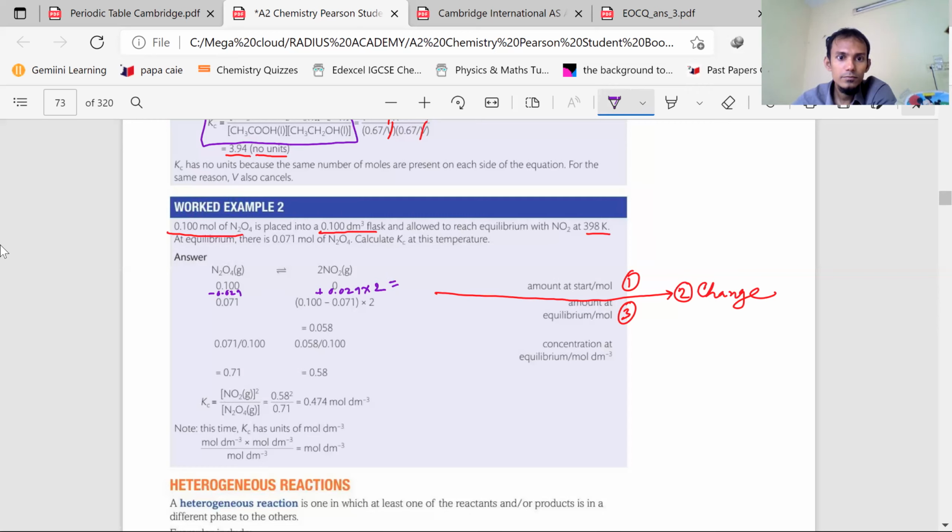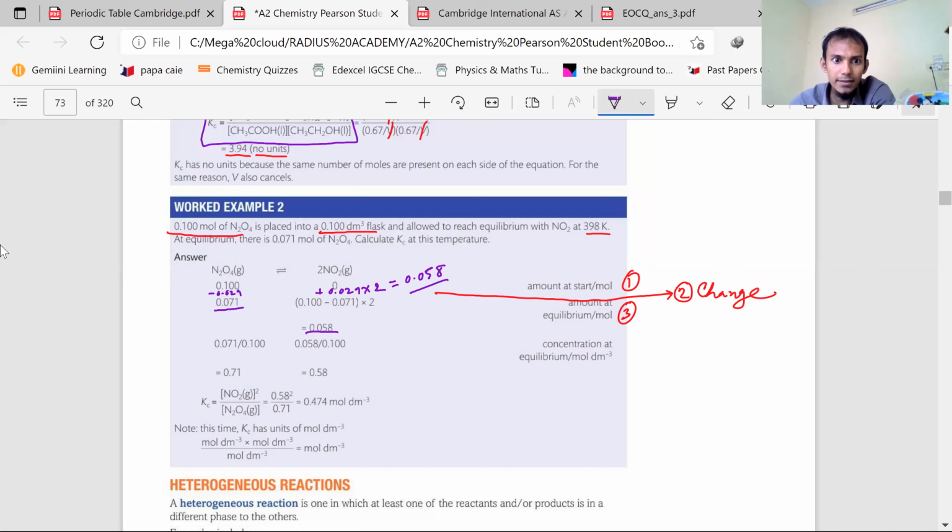Sir, 0.058. You see, 0 plus 0.058 is equal to 0.058. That is your equilibria mole, and the equilibria mole for the reactant is 0.1 minus 0.029, which is 0.071.